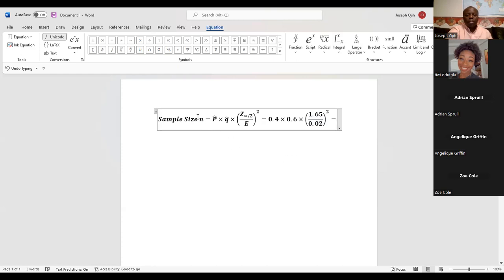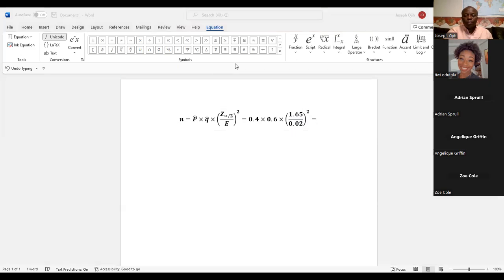I'm going to move so that we have enough room for this. Let's see what the calculator will give us.